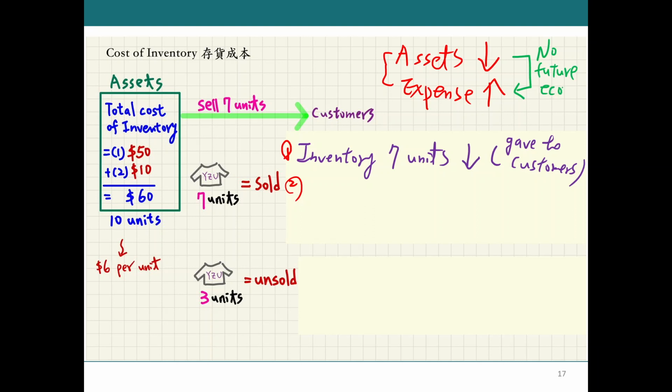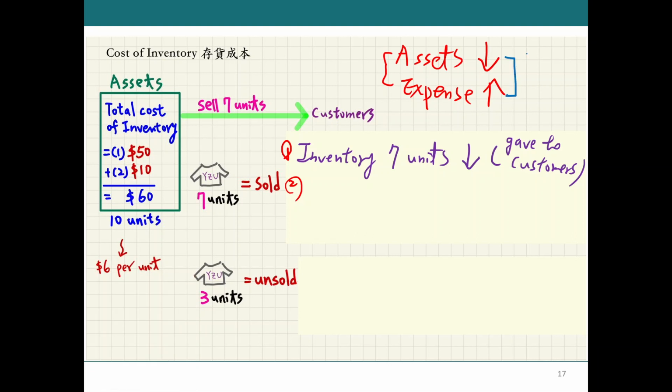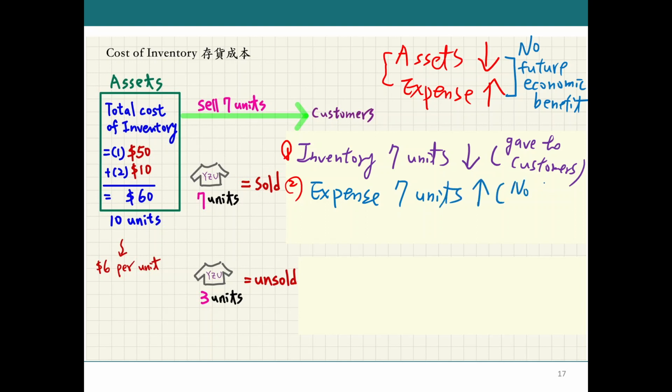We talk about that in chapter 3, actually. So the second effect is that expenses increase.